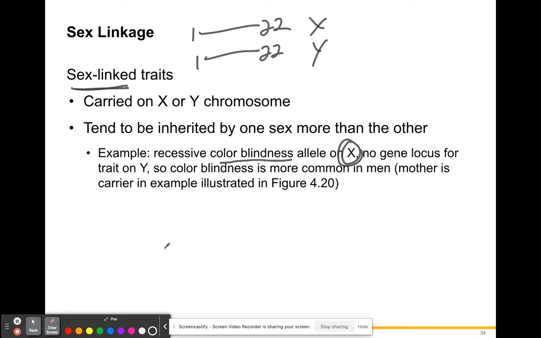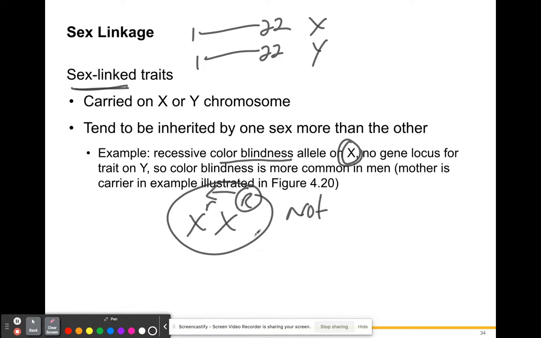This results in males having more of a chance of getting colorblindness than females, okay? Because if you are a female, you can have one chromosome that has the recessive allele for colorblindness, one allele that has the dominant trait, and this person is not colorblind because the dominant trait beats out the recessive trait, not colorblind.